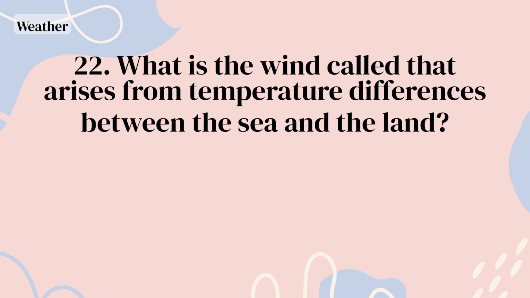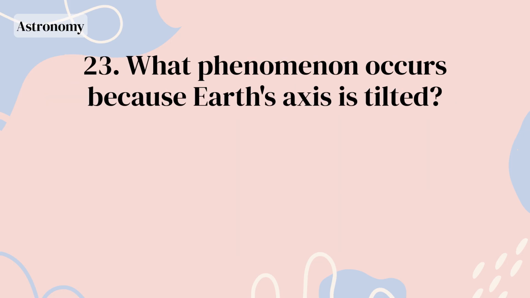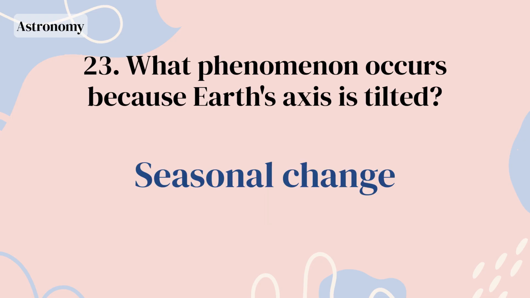Community. What is the wind called that arises from temperature differences between the sea and the land? Sea and land breeze. What phenomenon occurs because Earth's axis is tilted? Seasonal change.